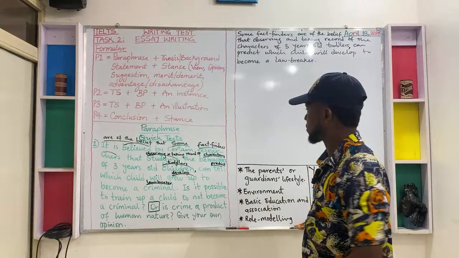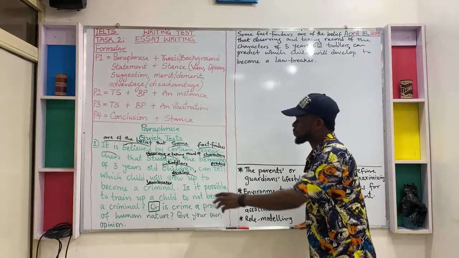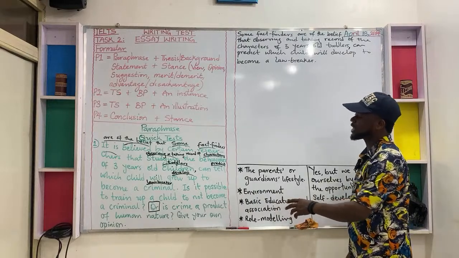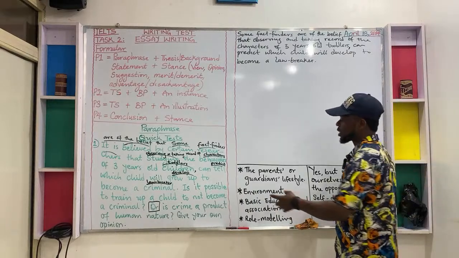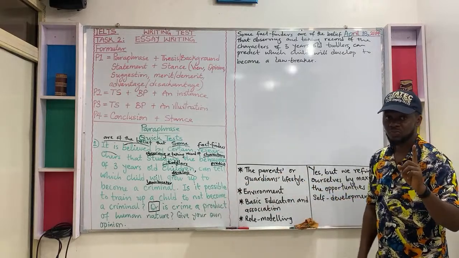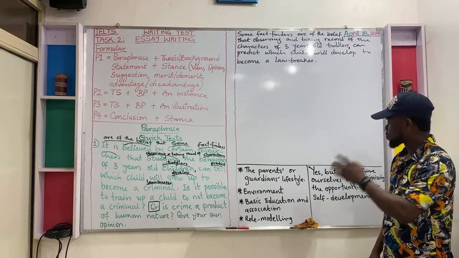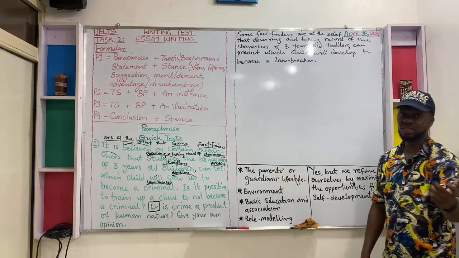All right, nice. Then I also went further to say, at this point, we have taken a path, so to say. And the path we've taken is that it is possible to train up a child not to become a criminal. And what have we done? We have drafted out our points.